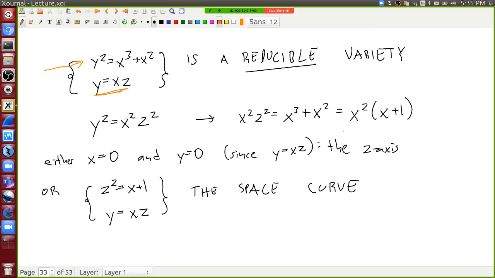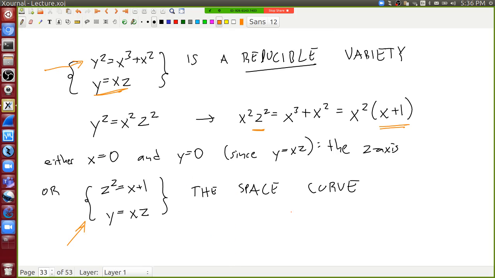So we got two possibilities: either x equals 0 and y equals 0, that's the z-axis, or we throw away the x equals 0 solution, and we get z squared equals x plus 1, and that is the space curve. We can substitute it back in and see that it satisfies the original equation everywhere.